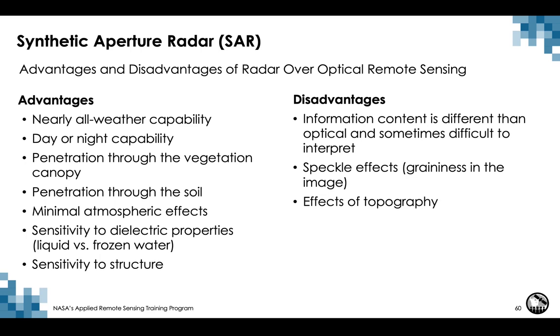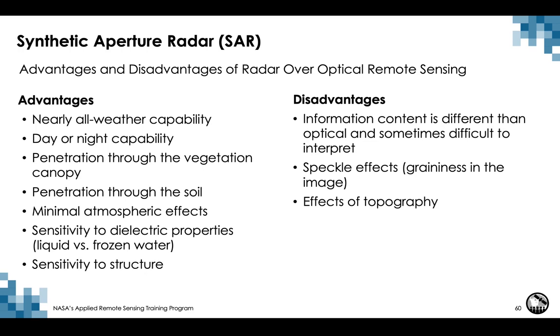Some of the advantages of SAR data over optical data are provided below. SAR is a nearly all-weather capability and can be imaged day or night. Different microwave frequencies can penetrate through the vegetation canopy and through the soil. There are minimal atmospheric effects to SAR data.